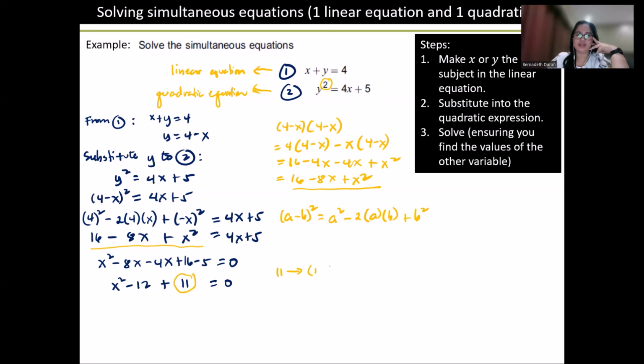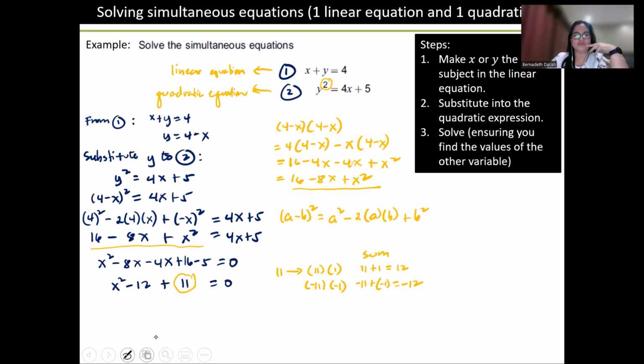We can have 11 multiplied to 1 or negative 11 multiplied to negative 1. They are both positive 11. And if we get the sum, 11 plus 1 is equal to 12. And negative 11 plus negative 1 is equal to negative 12.